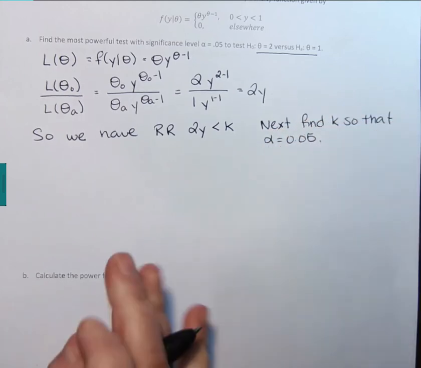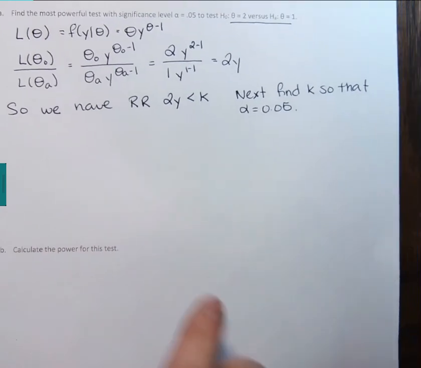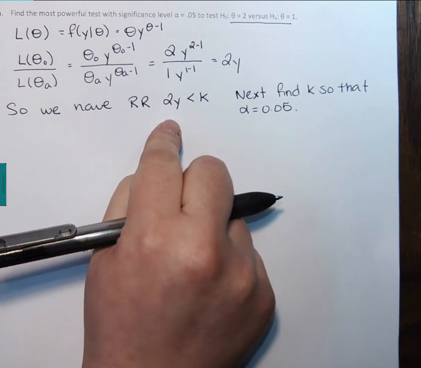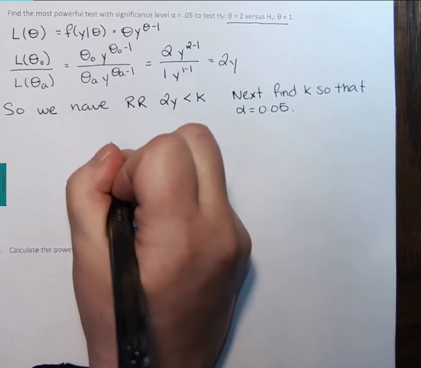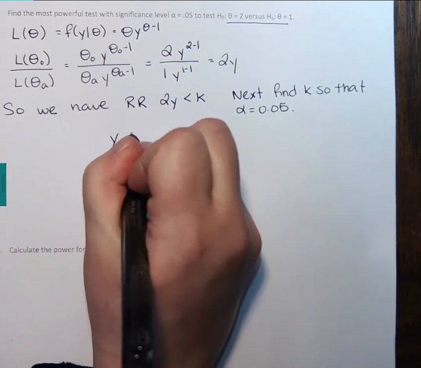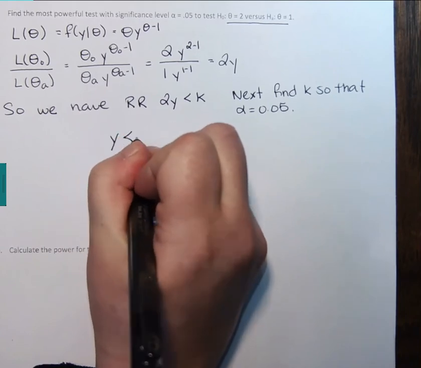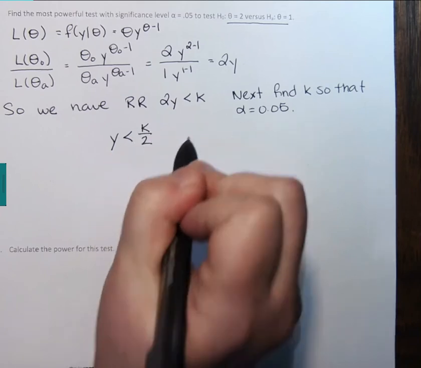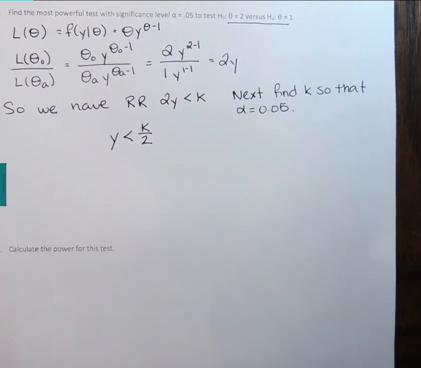Okay. So what we're going to do is rearrange this just a little bit, and we want to get y by itself on the left-hand side. So notice we could rewrite this as follows. Now, we really don't care what's on the right-hand side of this inequality, since it's going to be determined by the value of alpha.